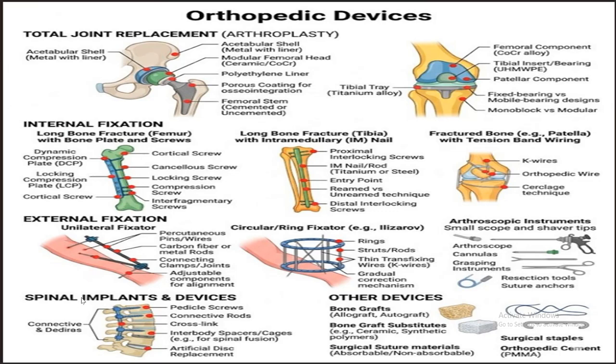Next we have spinal implants and devices, like pedicle screws, connective rods, crosslink, interbody spacers, cages for spinal fusion, artificial disc replacement. So these are the keywords for spinal implantations. Pedicle screw means pedicle is on the back side of the spine.